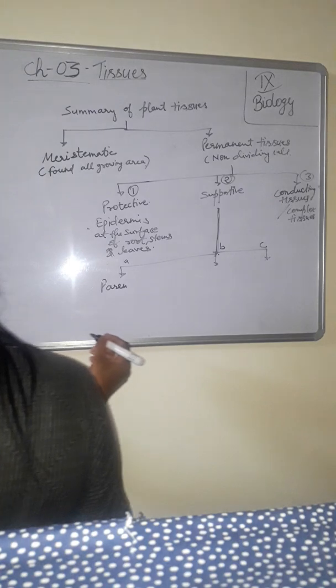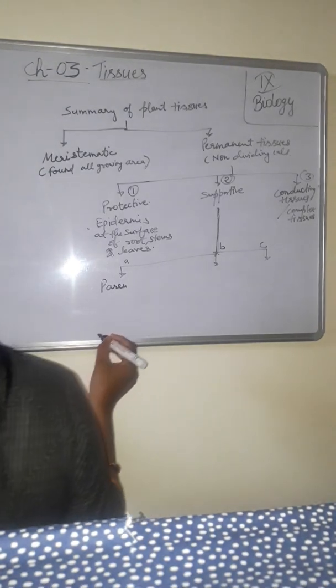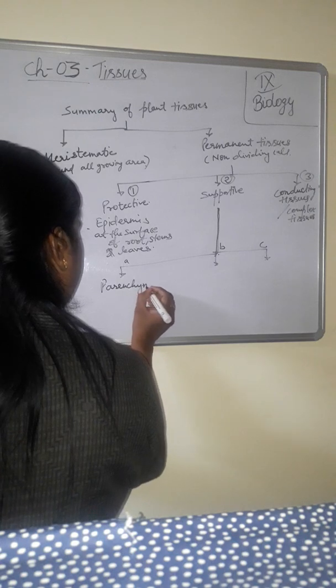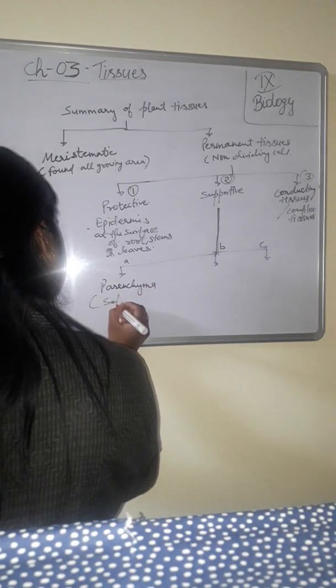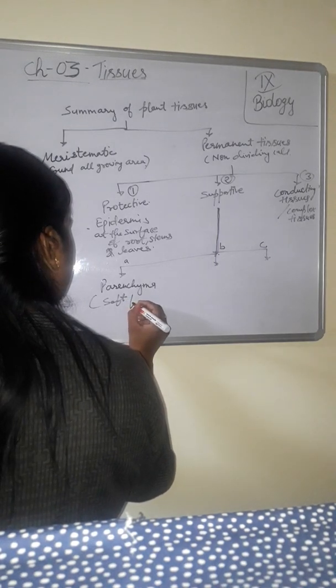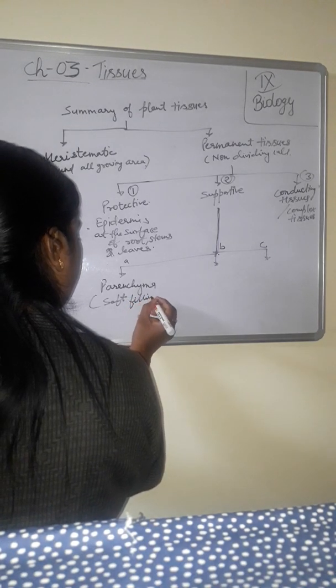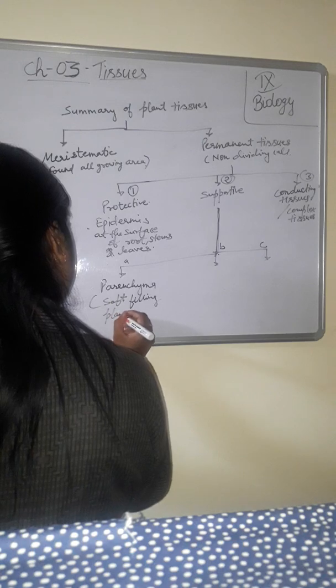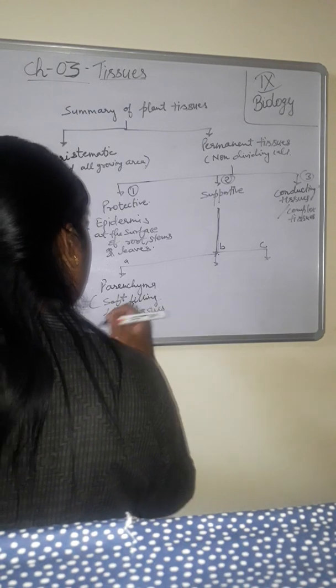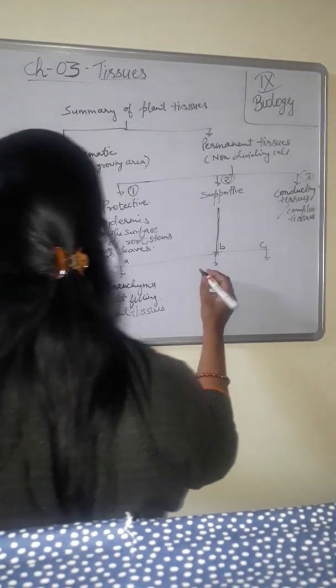Supportive again is of three types: parenchyma, soft filling plant tissue. Parenchyma, these are soft filling plant tissue. And second one is collenchyma.